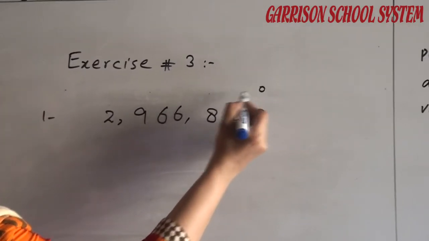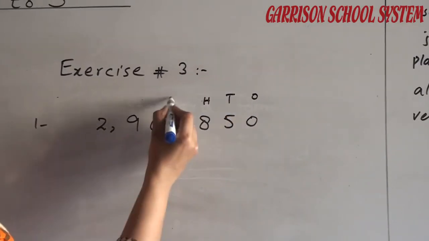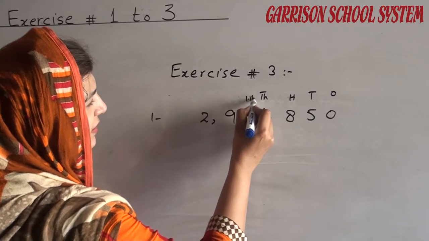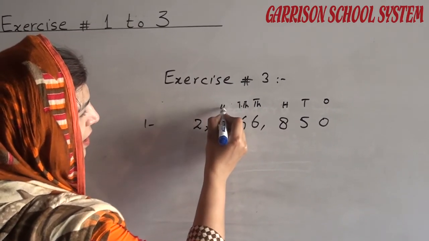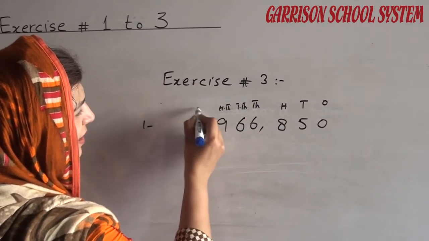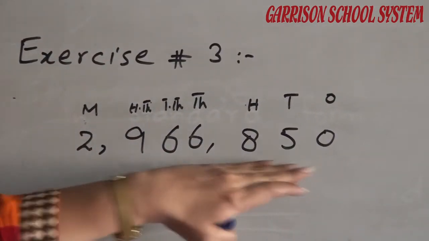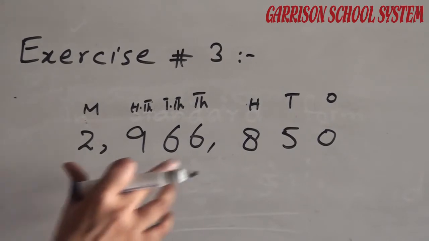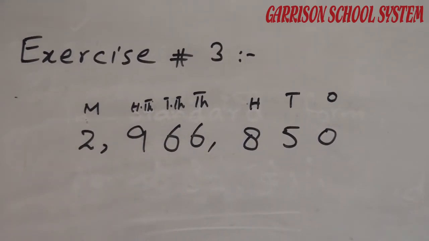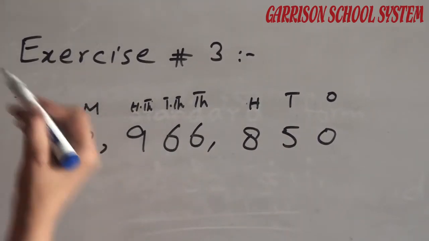So this is ones, tens, 100, 1,000, 10,000, 100,000 and million. So students, this number consists of 7 digits: 1, 2, 3, 4, 5, 6, 7.